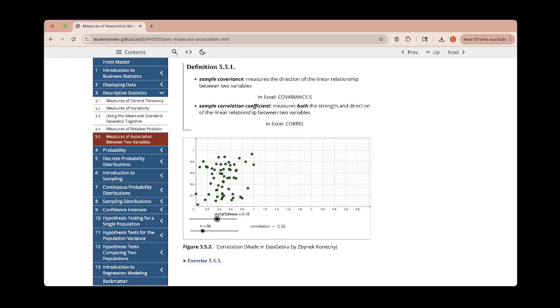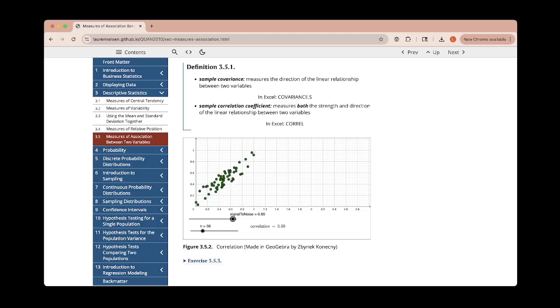That's close to 0. That means there isn't really a linear relationship between the variables. But if I make the data look something like this, now it looks like as x gets bigger, y gets bigger, and this is happening in a linear way. And so this correlation coefficient is getting bigger and bigger. If I have a perfect positive linear relationship, my correlation coefficient is 1.